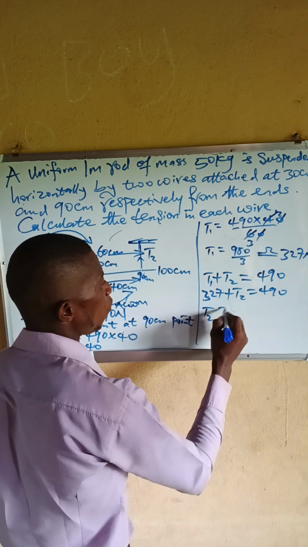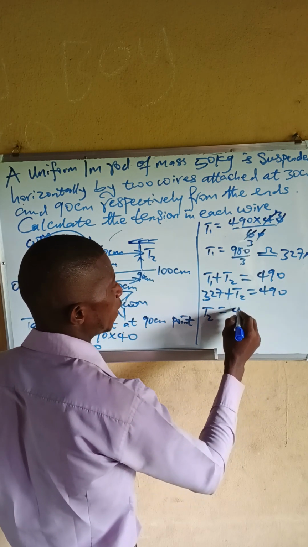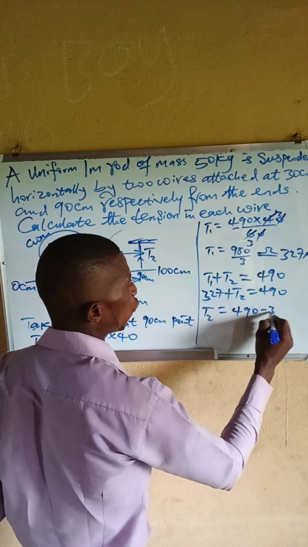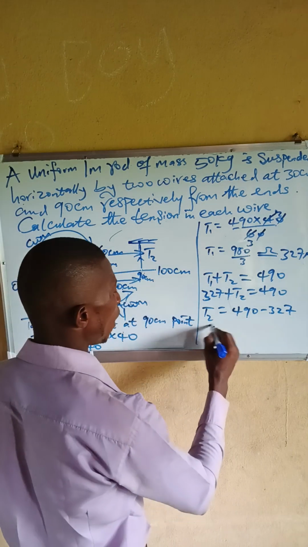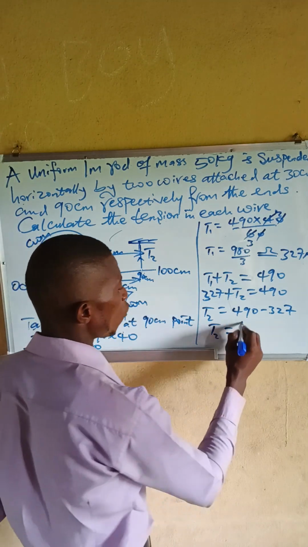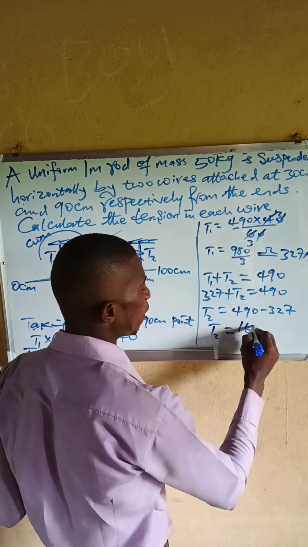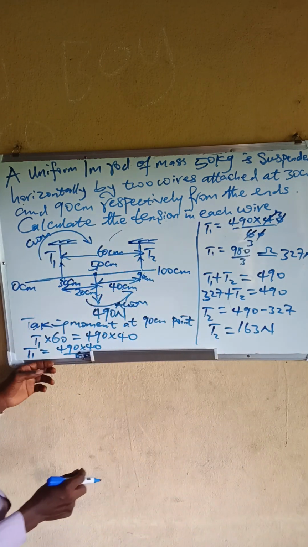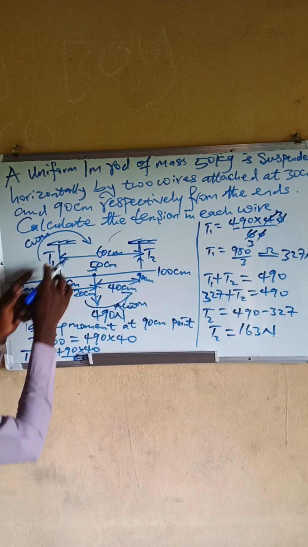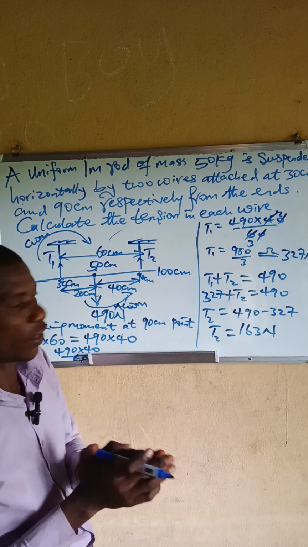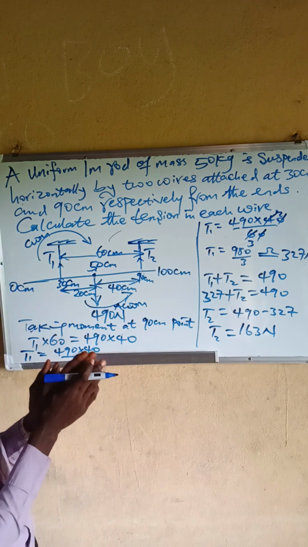So T2 is 490 minus 327, which gives us 163 Newton. That is the tension T2, and this is the tension T1. This is how we can solve this problem.